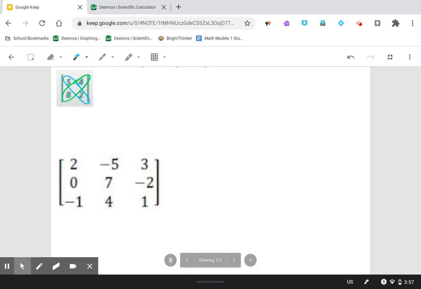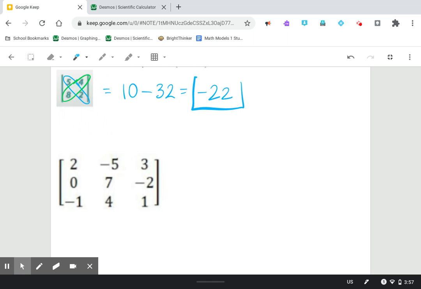So we're going to do 5 times 2 is 10, minus 8 times 4 is 32. 10 minus 32 is negative 22, and that's it for the determinant of that matrix.